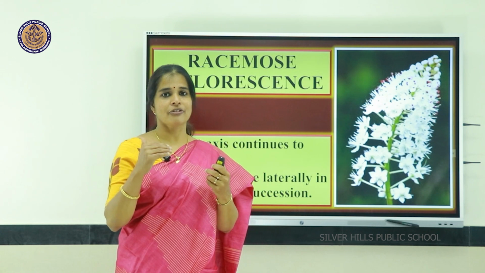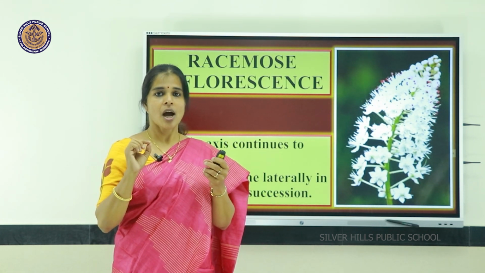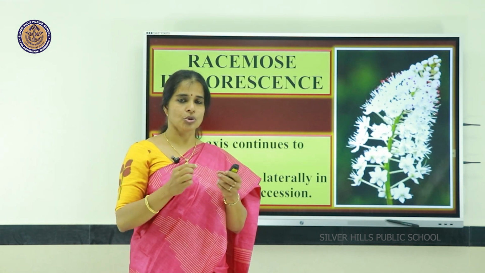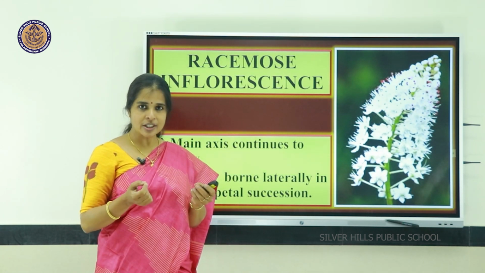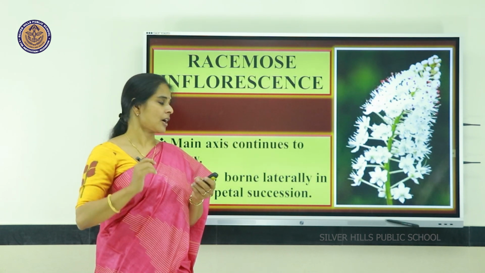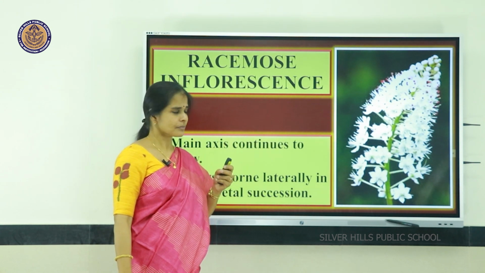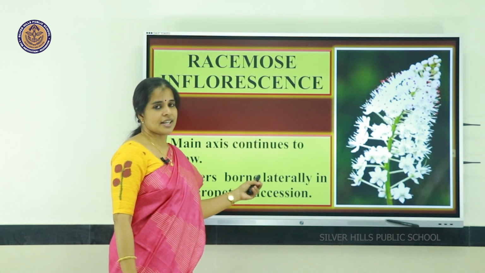In this type of inflorescence, the flowers are arranged in such a manner that the main axis continues to grow from the basal part. The flowers are formed, and the tip or terminal part of the plant will be with buds. Such an arrangement is known as acropetal succession.